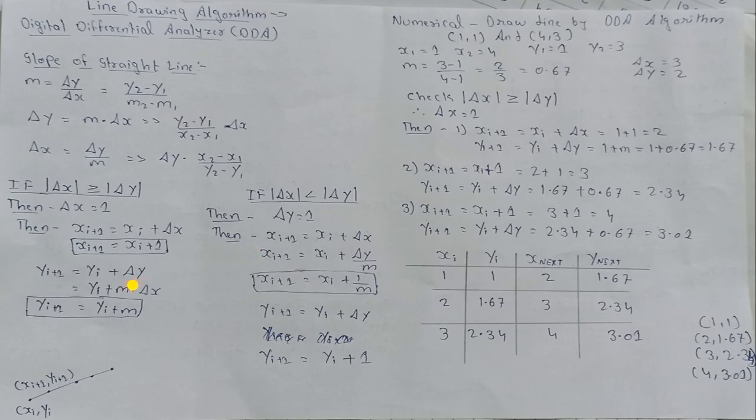See here, the first point is x_i, y_i, and the second point is x_{i+1}, y_{i+1}. To find this point we have to take the previous points as the current points. Similarly, when we go to the third point, this becomes x_{i+1}, y_{i+1}, and the previous one becomes x_i, y_i.